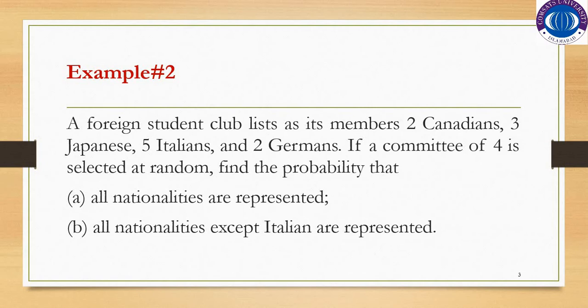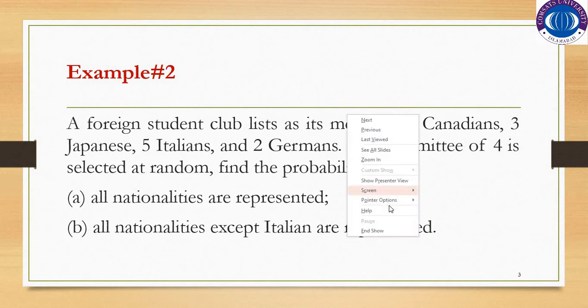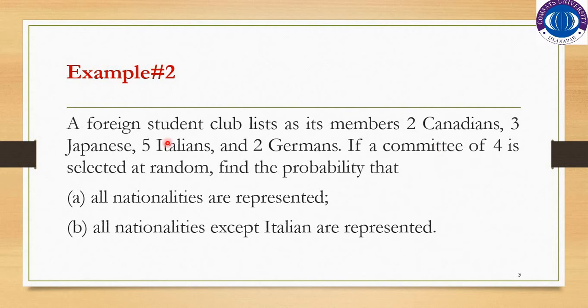Example number 2. A foreign student club lists as its members 2 Canadians, 3 Japanese, 5 Italians and 2 Germans. If a committee of 4 is selected at random, find the probability that we have two parts in this example.